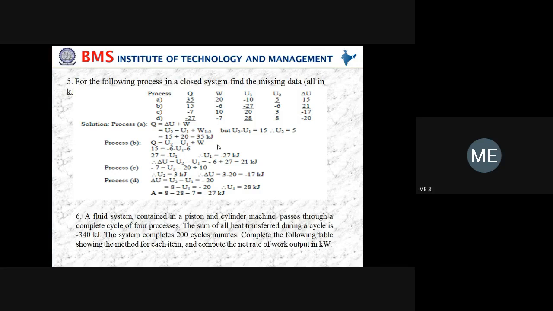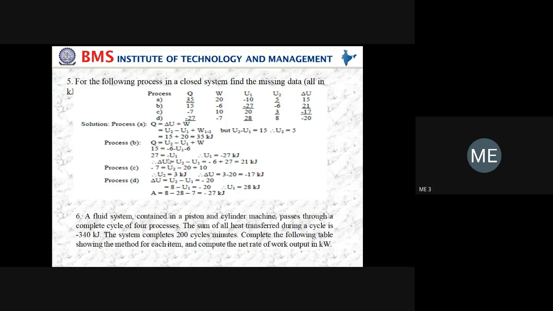First we have to find out U1. Here Q, W and U2 are given. So Q is 15, U2 is minus 6, and U1 we don't know. W is minus 6 as given. So we find U1 as minus 27 kilojoules.